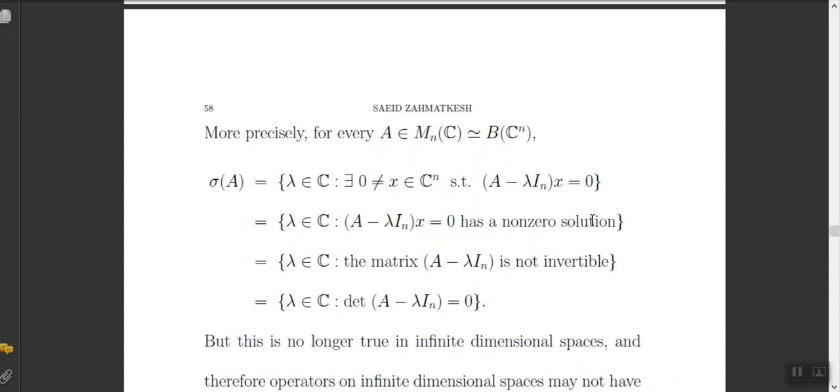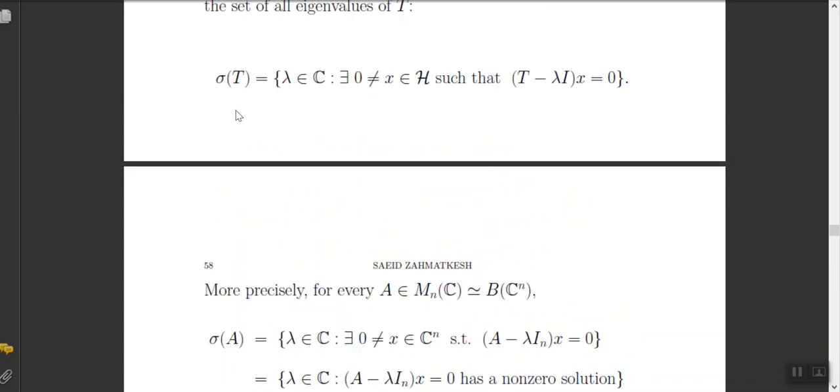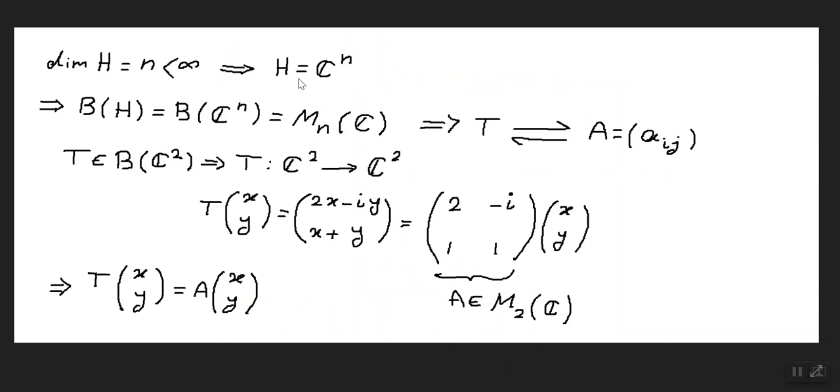So let's put it all together. When we have a bounded linear operator on a finite dimensional Banach space, H is nothing but Cn.